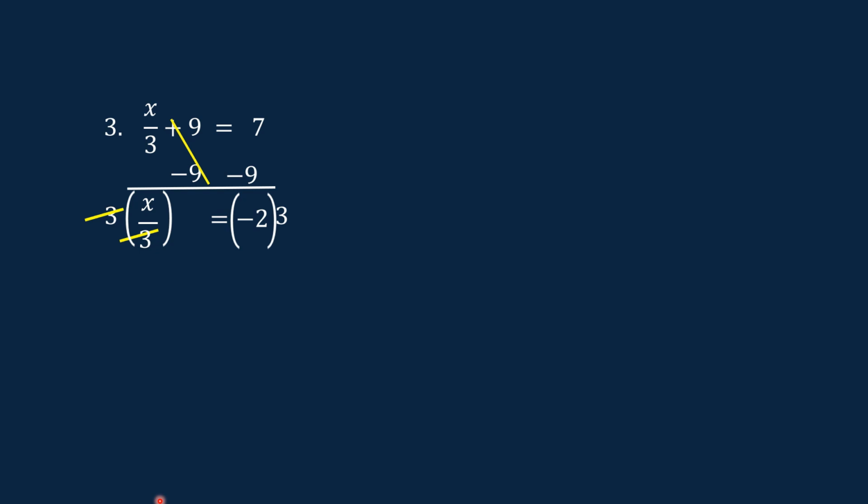So we have only x on the left side. And then multiply negative 2 by 3. So we have now x is equal to negative 6. Let us check. The given equation is x over 3 plus 9 is equal to 7.